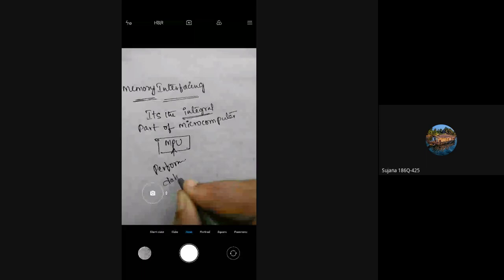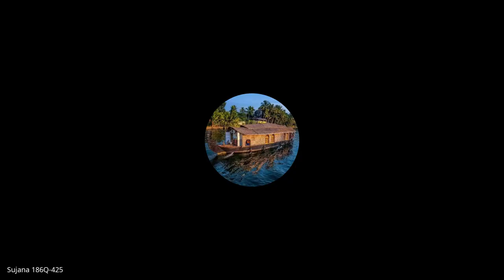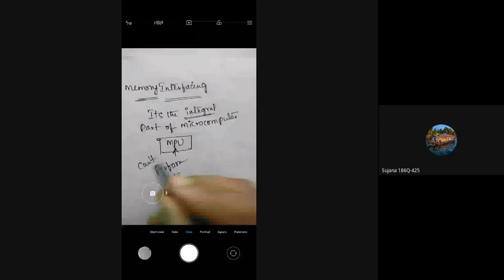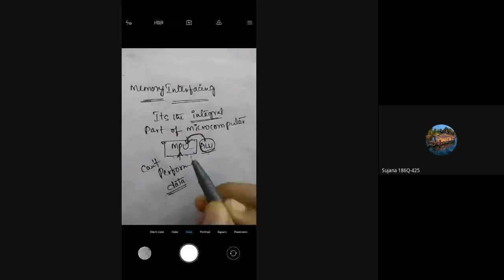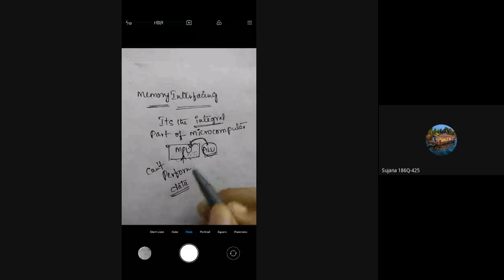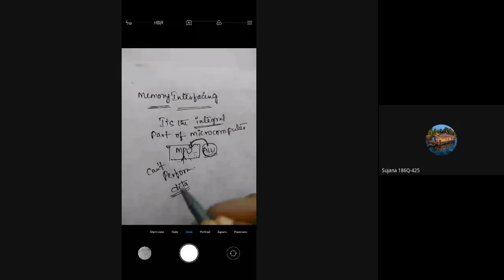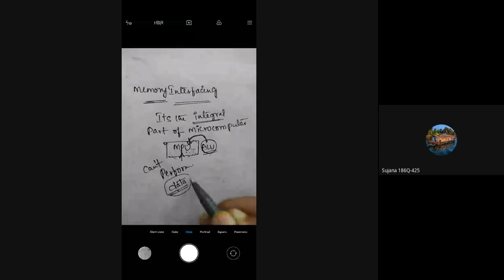It is capable of performing the operations, however it cannot perform any operation without being provided data.